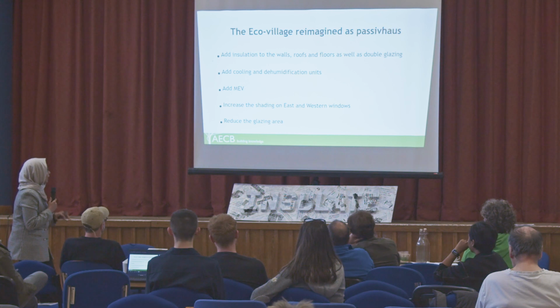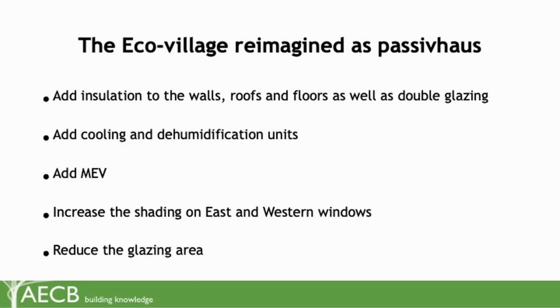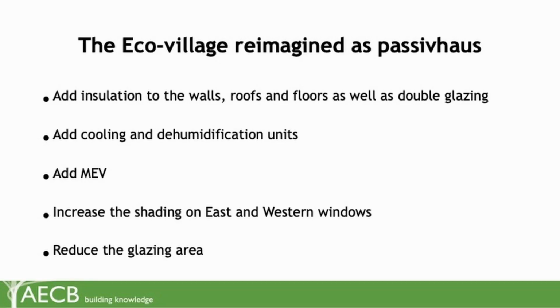So specifically to change our building, if we wanted to achieve that Passivhaus, we'd have to add more insulation to the walls, roofs, and floors, which, as we mentioned, has that challenge of sourcing it, and also in the other workshop, Andy mentioned that if we put it in the ceiling, there's the risk of bats and animals and stuff. So we're still trying to figure that out. But we'll also have to use double glazing, and in our current design, we're not using any glass at all.